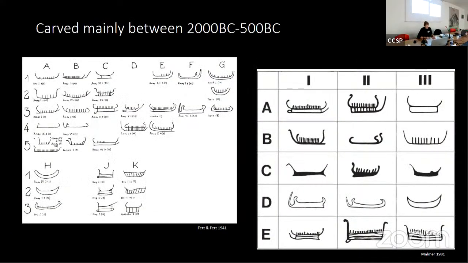I will talk more about places and sites than chronology and motifs and periods. But just to set the chronological framework, the main amount of the carvings are created between 2000 BC and 500 BC. And here you can see two well-used ship typologies and chronologies.